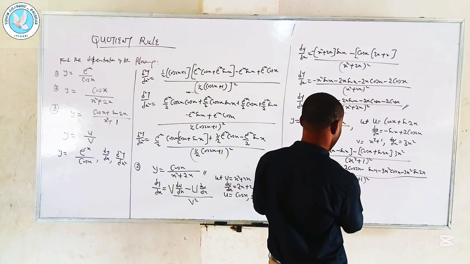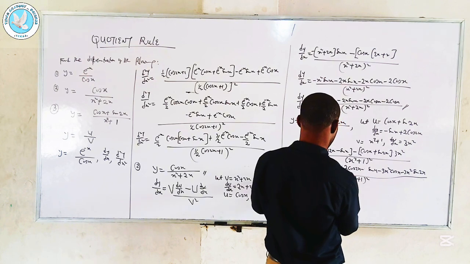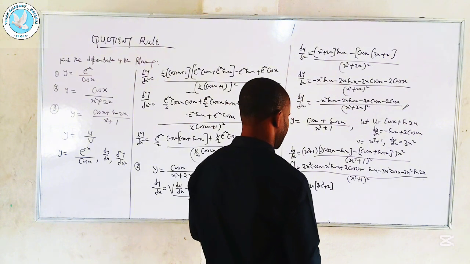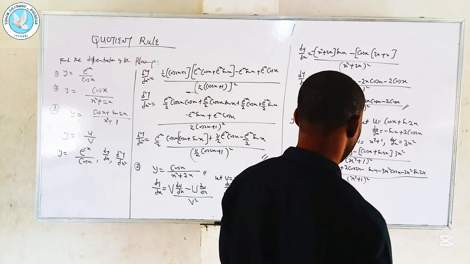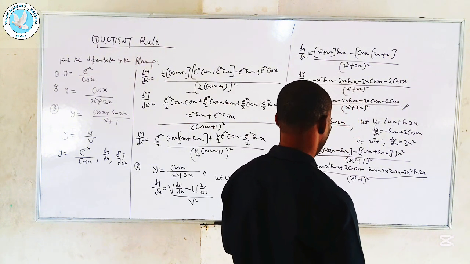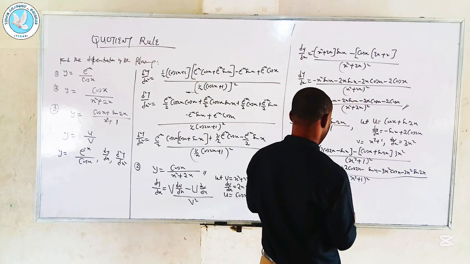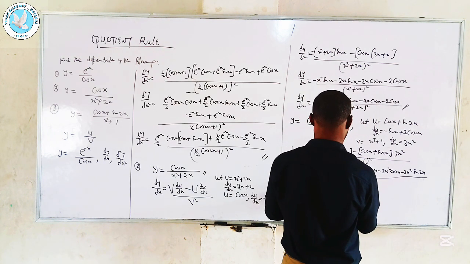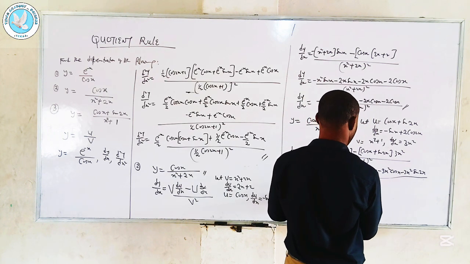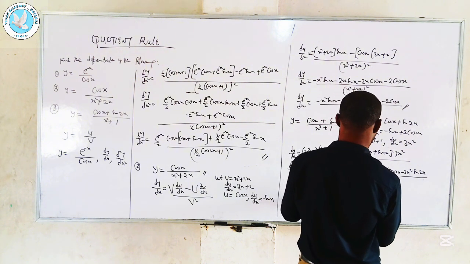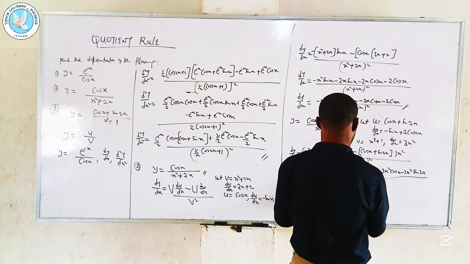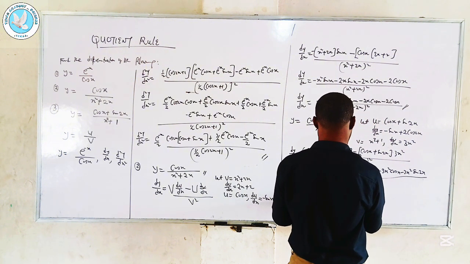So at this point, we can say that dy/dx is equal to cos 2x into 2 we have here plus 2. That is taken care of. We can write the rest out. We can also write this plus sine.